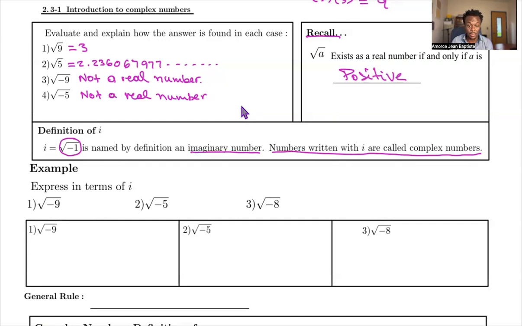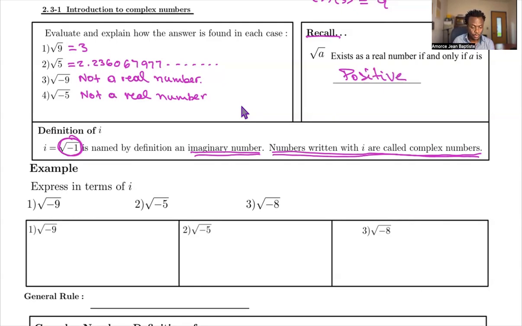Now, earlier we couldn't solve the square root of -9 or the square root of -5, but it looks like we can now. We know we can talk about the imaginary number that's the square root of -1, and also that a number can fail to be a real number but still be a complex number.